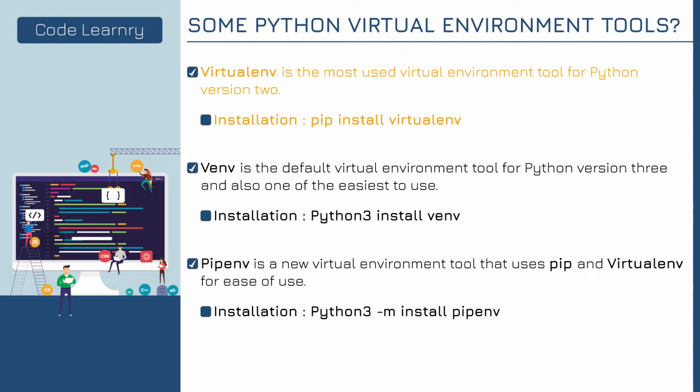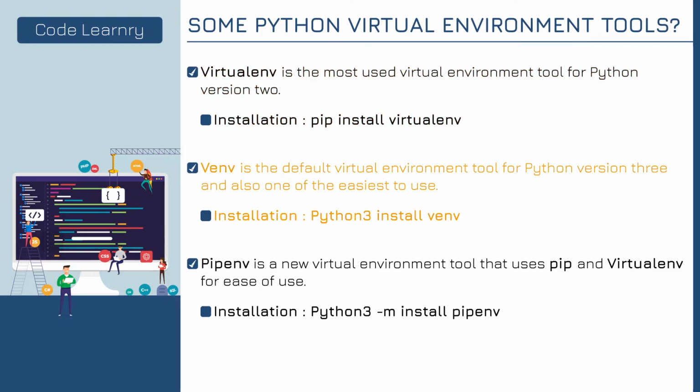So the way that you install virtualenv, which I said is meant for Python version 2, is to run the command pip install virtualenv, and once you run this command and everything goes as planned, virtualenv will be installed on your computer, which you can then use to create and also manage virtual environments on your computer. And mind you, take notice that virtualenv is meant for Python version 2.